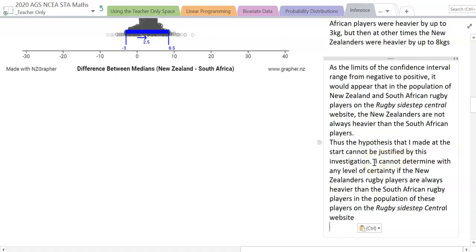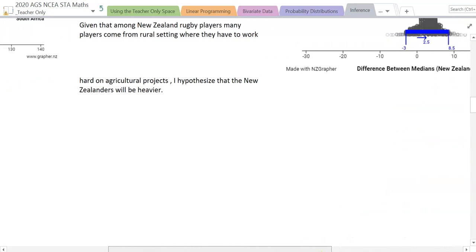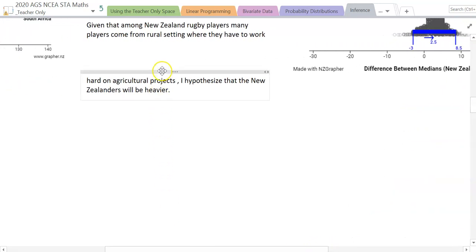Sometimes that hypothesis you make will be wrong. I cannot determine with any level of certainty if the New Zealand rugby players will always be heavier than the South African rugby players in the population of these players on the Rugby Central website. Just because you make a hypothesis, it doesn't matter if that isn't shown to be true.